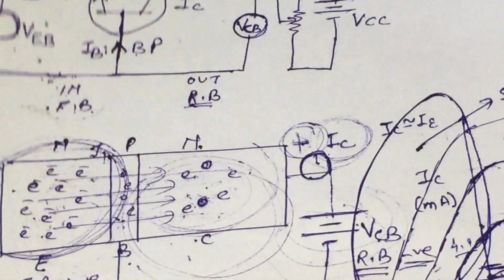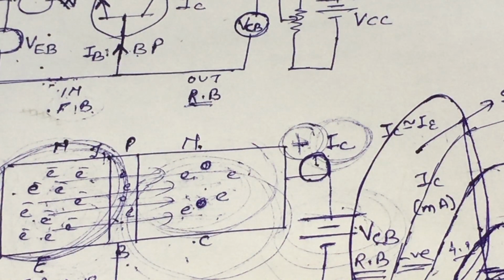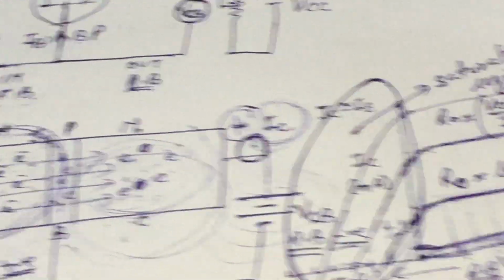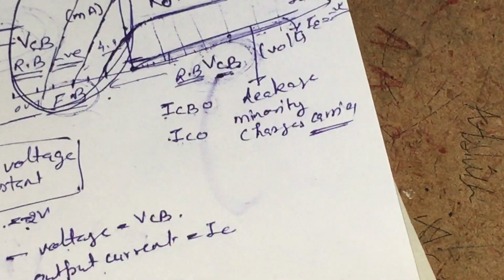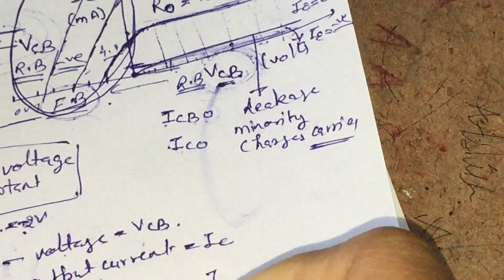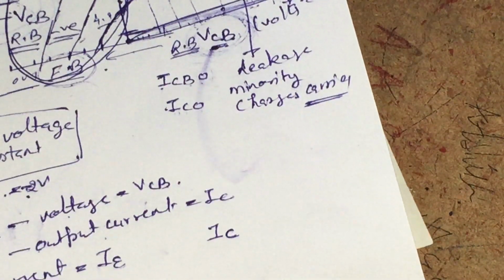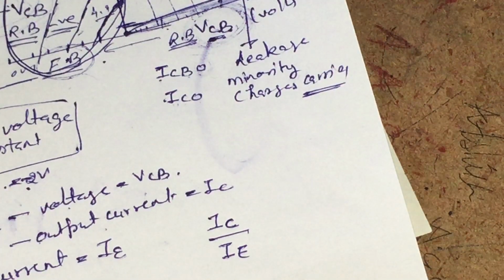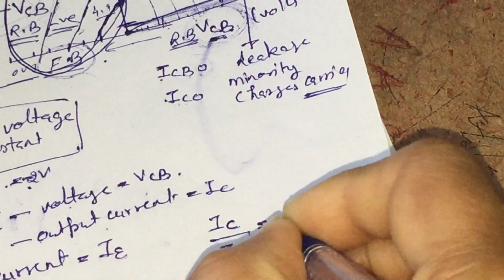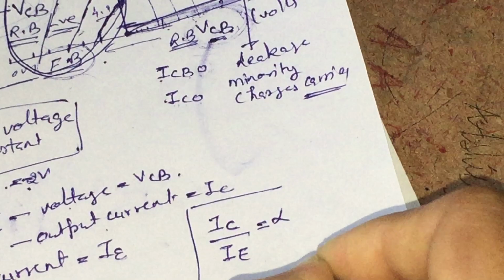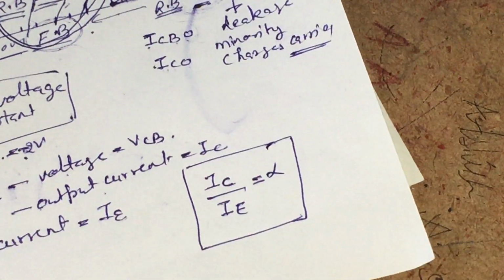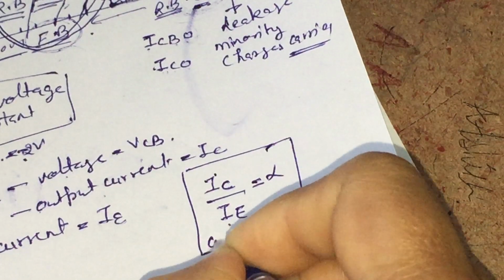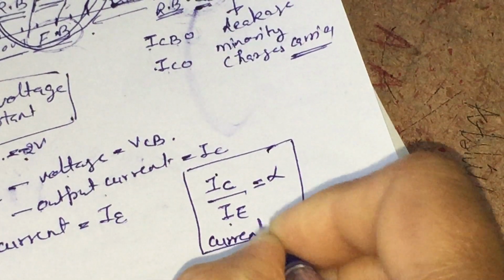Hence, this is our common base configuration, and in it the ratio of the output current, that is collector current, and the input current, that is our emitter current, is represented by alpha, and this value is known as current gain.